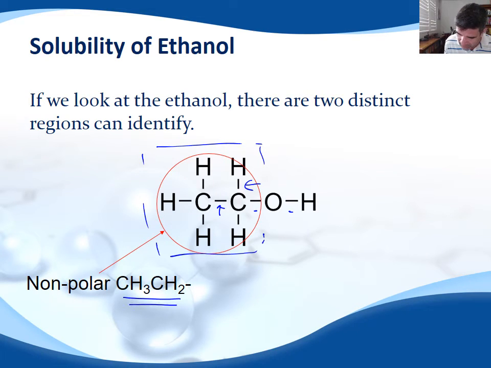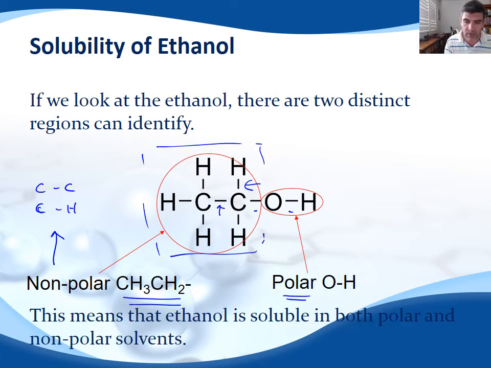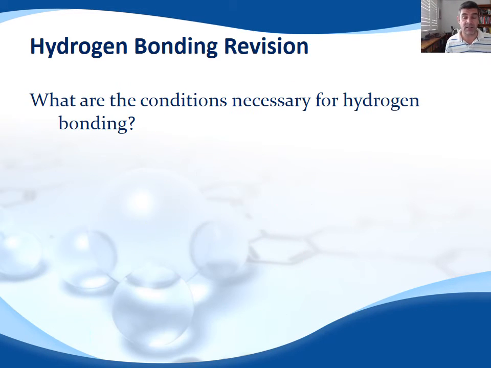A CH3, CH2 has only carbon-carbon bonds or carbon-hydrogen bonds, and these are both non-polar. However, the OH bond we know, as we've experienced before with water, is polar. So that means that this particular molecule has both a polar and a non-polar end. And that means that it is outstanding in dissolving both polar substances as well as non-polar substances. And that is one of the reasons it is an extremely good solvent.